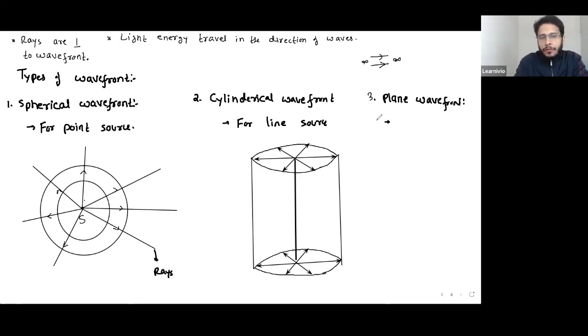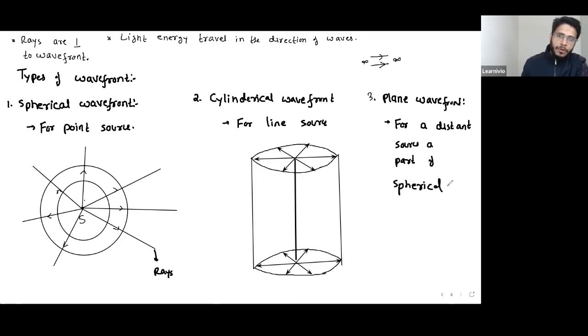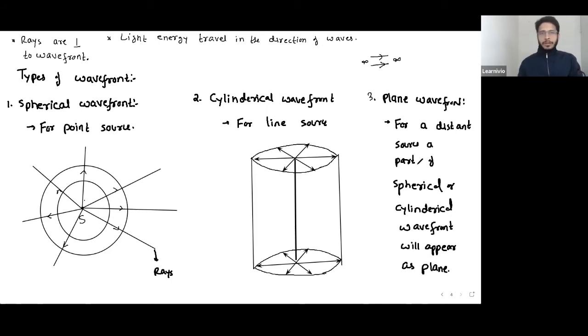So if your source is very, very far away, for a distant source, like from the observer, if your source is placed at a very large distance, a part of a spherical or cylindrical wavefront will appear as plane.